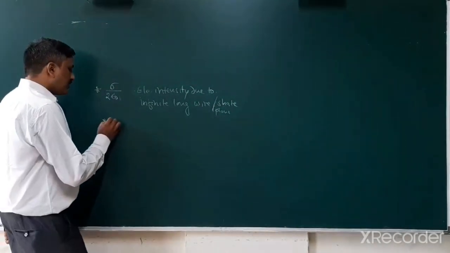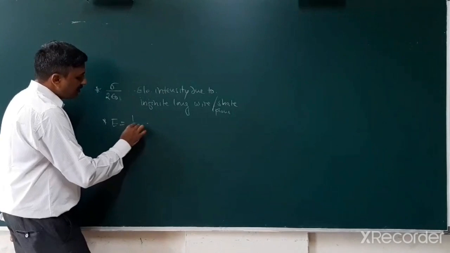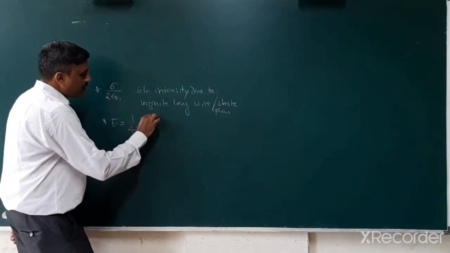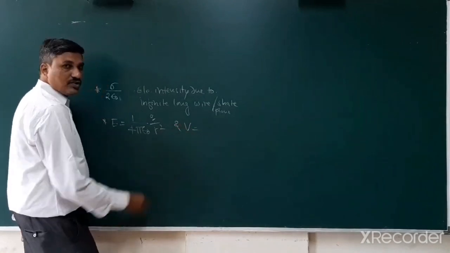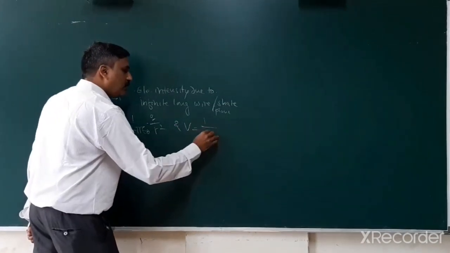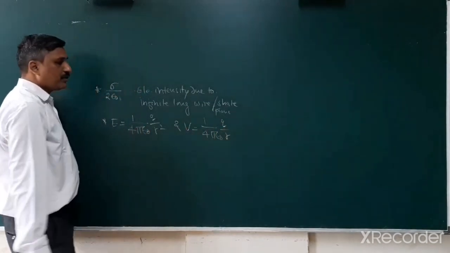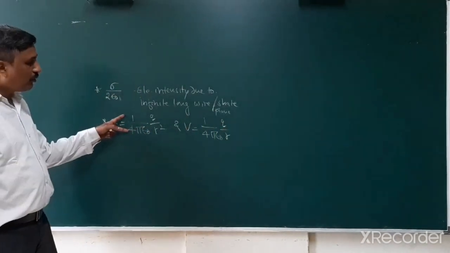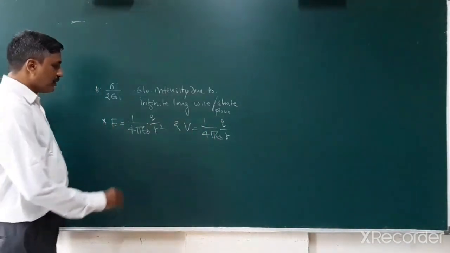One more thing is necessary. The general formula for intensity is 1 by 4 pi epsilon 0 Q by R square, and electric potential is given by the formula 1 upon 4 pi epsilon 0 Q by R. Just observe the two formulae: the terms 1 by 4 pi epsilon 0 Q are constant.